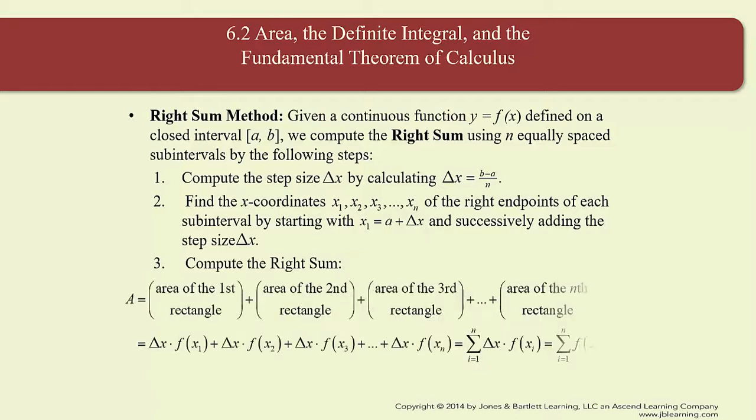And everything else is going to look the same. Finding the area of rectangles, summation here at the very end, the last two expressions. Again, f of x sub i times delta x, that's just the height of a rectangle times the base of a rectangle, which gives you the area of a rectangle.